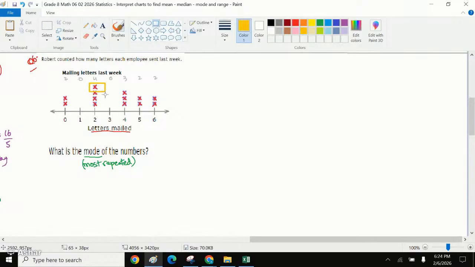Because it has the maximum number of markings. That means there were 4 employees who sent 2 letters, more than any other category. There were 3 employees who sent 4 letters, and 3 is less than 4, right? So in this case, we can say that mode is 2 because it has the highest frequency.